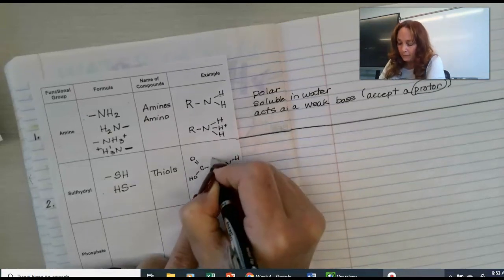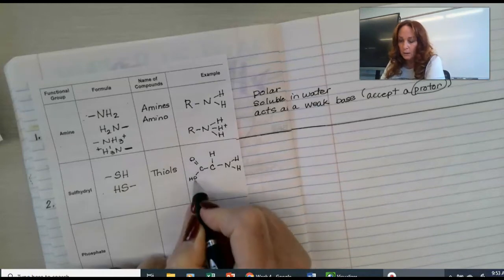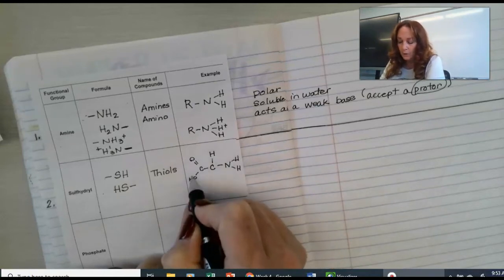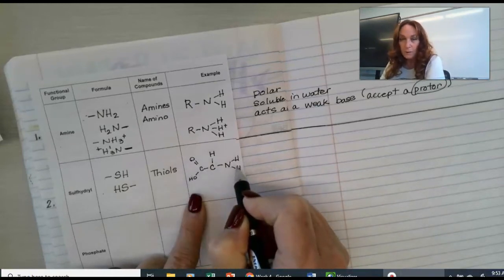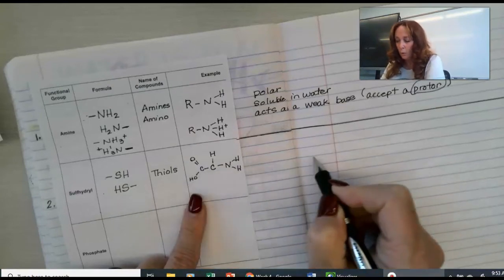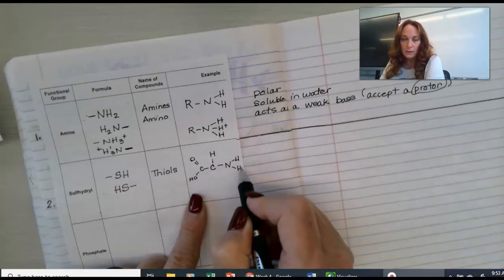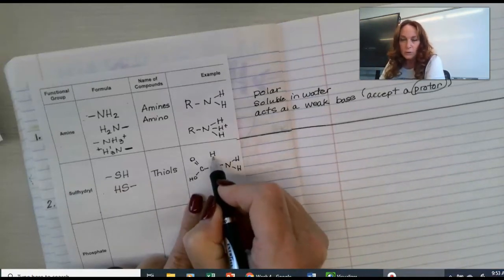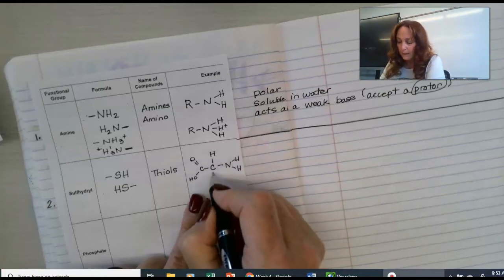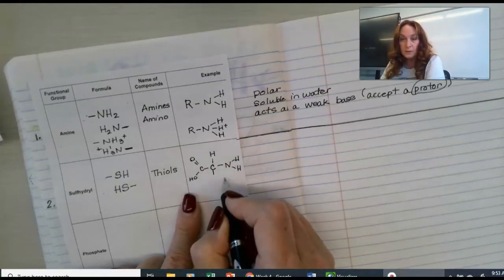Then at the third position, because you know carbon has 4 positions, you have a carboxyl group directly across from an amine group. In fact, that's how we talk about the whole molecule made of a bunch of amino acids, the carboxyl end and the amine end. And then the hydrogens above, and then there's this one position here, the 4th position for the carbon bond, that varies.